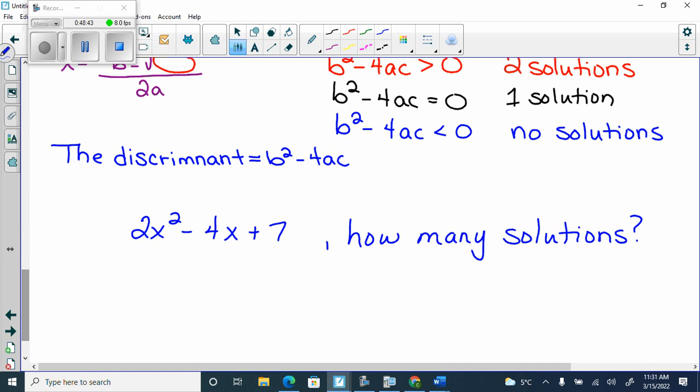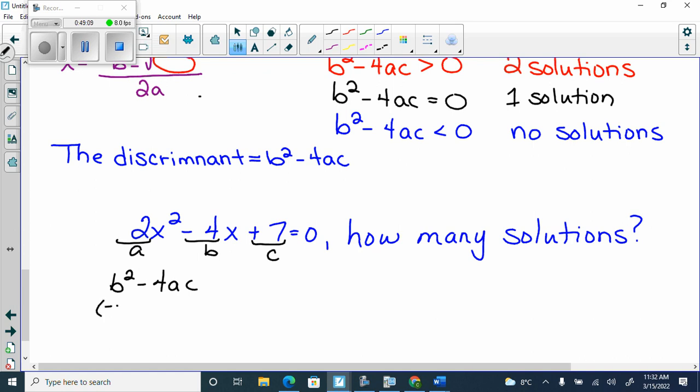But if I just say how many solutions there are, we're just literally doing b squared minus 4ac. A, B, C. And I'm just plugging it in and seeing. If it's greater than 0, I have 2. If it's equal to 0, I have 1. If it's negative, it ain't going to work because I can't take the square root of a negative number, right?